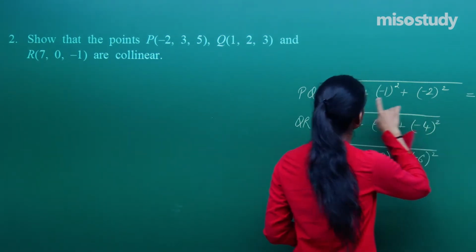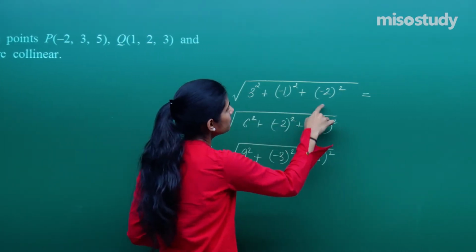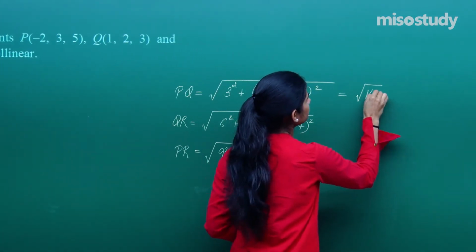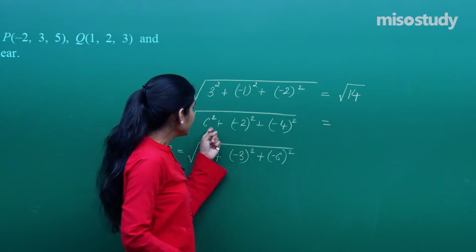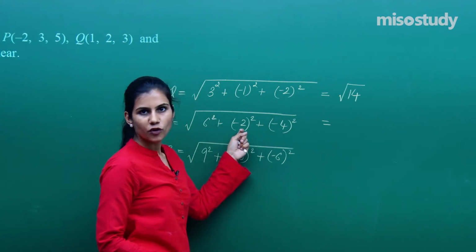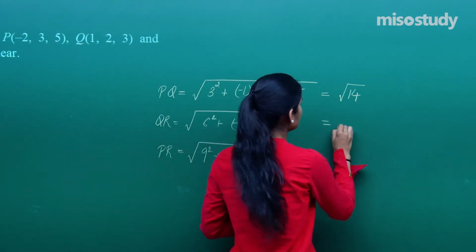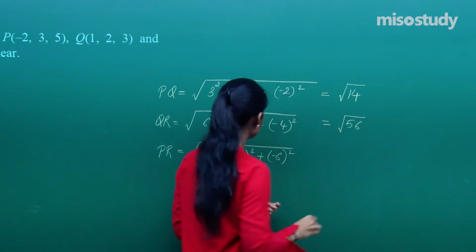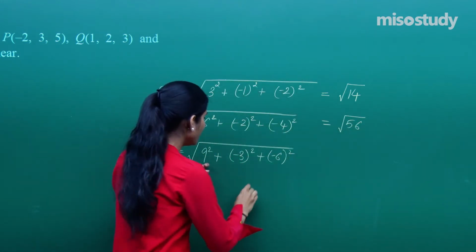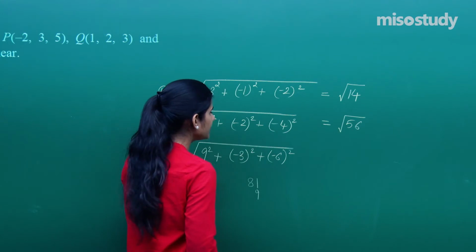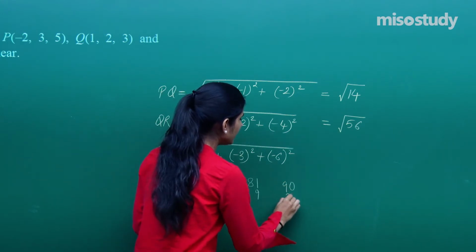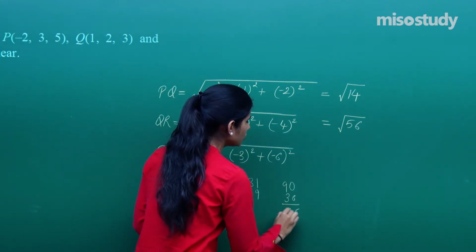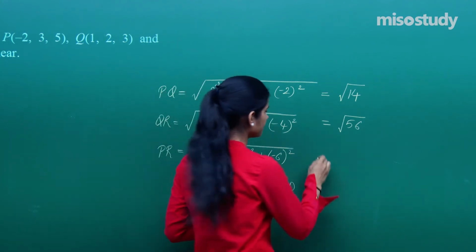This gives you what? 9 plus 1, 10, 10 plus 4, 14. 36 plus 4, 40, 40 plus 16 gives you 56. 81 plus 9 gives you 90, 90 plus 36 gives you 126.